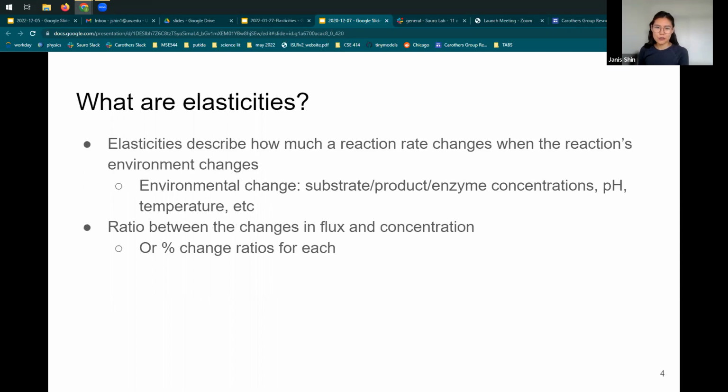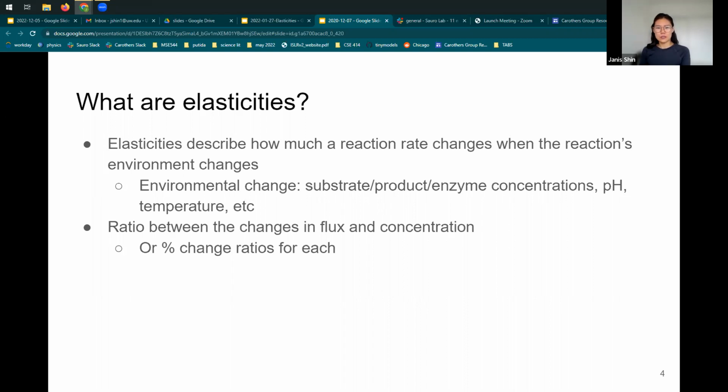And why do elasticities matter? All living organisms use proteins to help carry out essential living processes, and enzymes are a class of proteins that catalyze reactions. Because enzymes are the driving mechanism behind many cellular pathways, we need to know how to quantify the properties of enzymes to understand pathways.